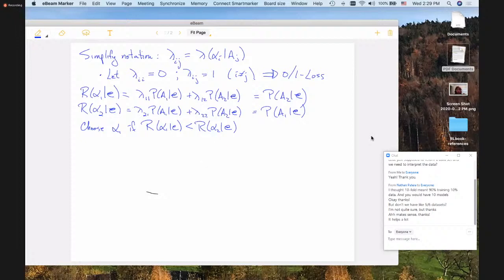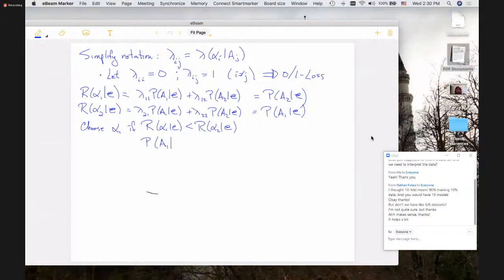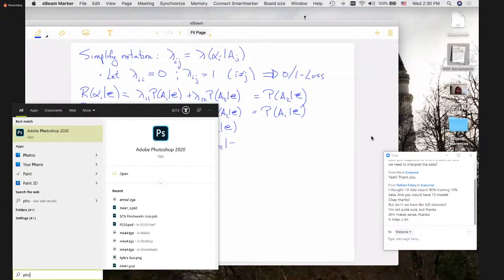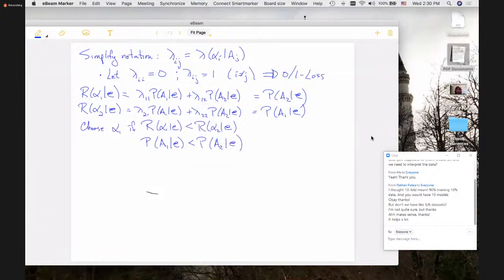Well, the way I'm writing this is deviating a little bit, but it'll still work. If I plug this in from above using 0-1 loss, notice that that gives us probability of A1 given the evidence less than probability of A2 given the evidence.